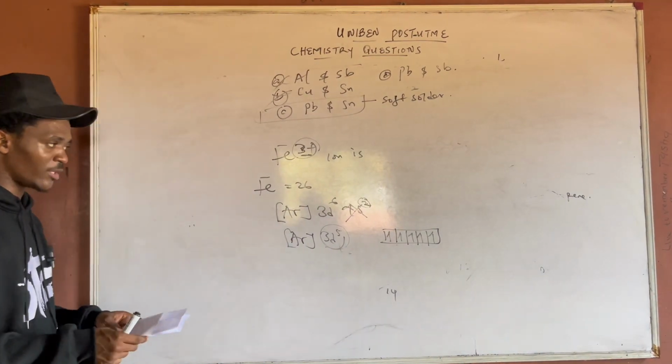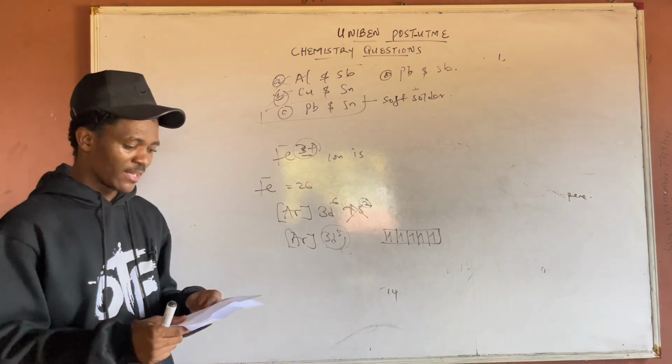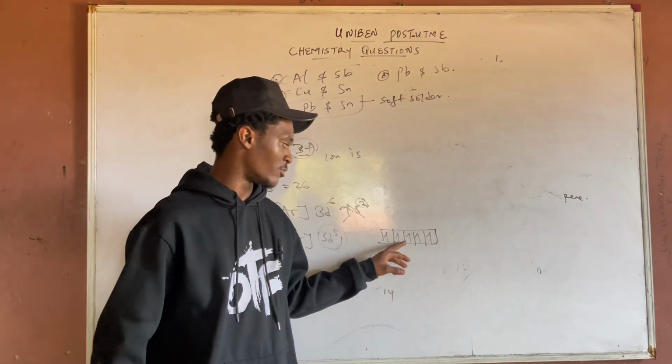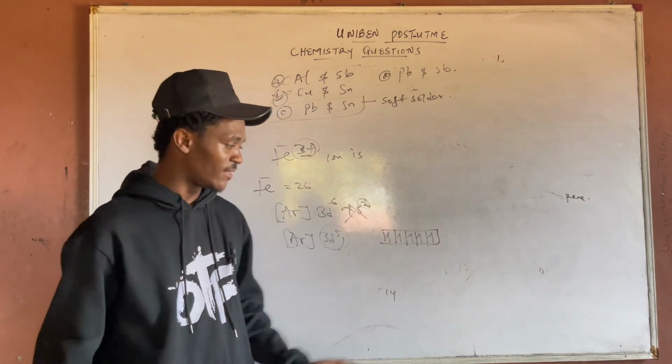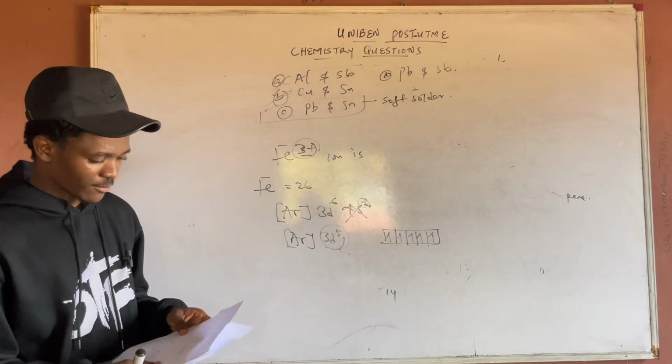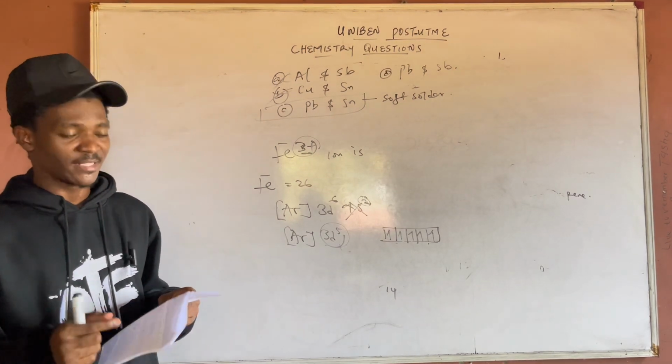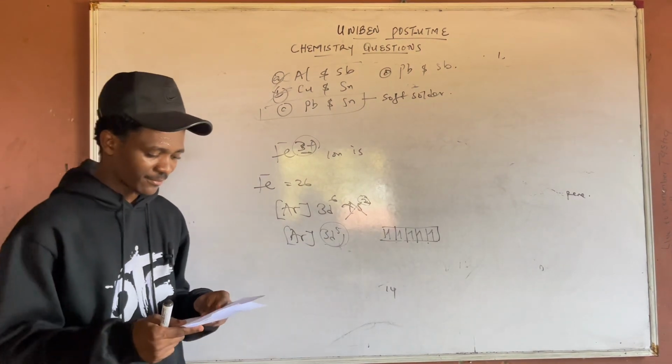All right. So the correct option is actually the one with 5, because in that there are 5 unpaired electrons. They are just occurring singly. All right. So that's the answer to the question, 5. The options are A 1, B 2, C 5, and D 4. So the answer is 5.